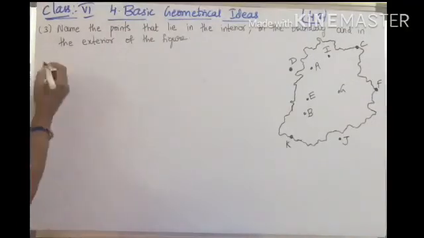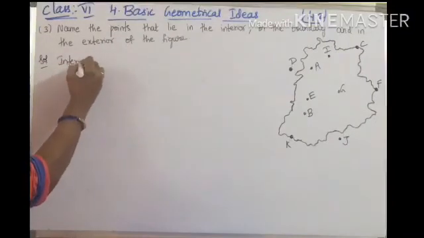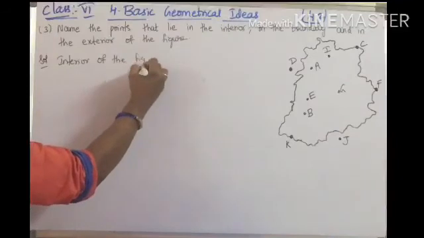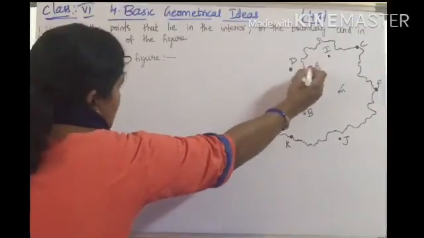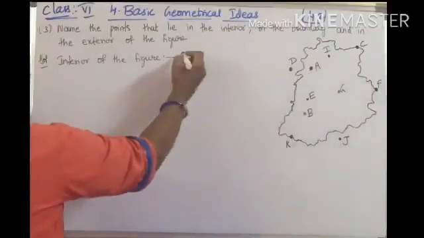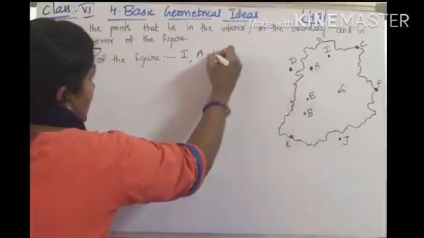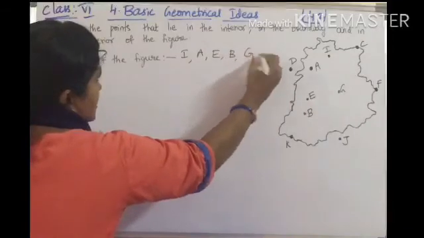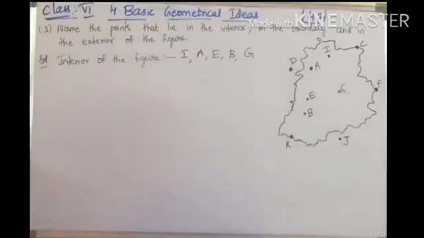First, what are interior points? See the inside of the figure, children, what points are there inside? You should not see the alphabets, you should see these points. So I is there, A is interior, E is interior, B is interior, and G is interior. I, A, E, B, G are the interior points.